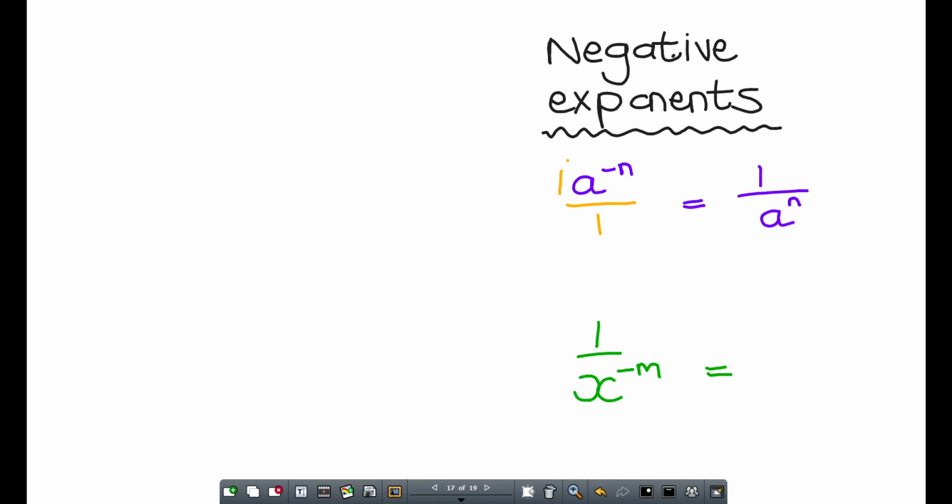Okay, right. So over here, look at the second one. Can you see now my base and my exponent is at the bottom of the fraction. So if I want that exponent to be positive, I'm going to move it to the top of the fraction, which means that it would be x to the power of positive m, and I'll actually over 1.